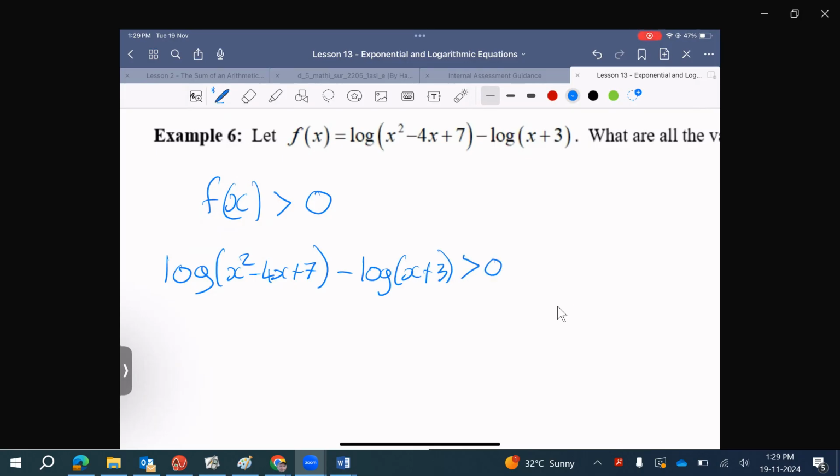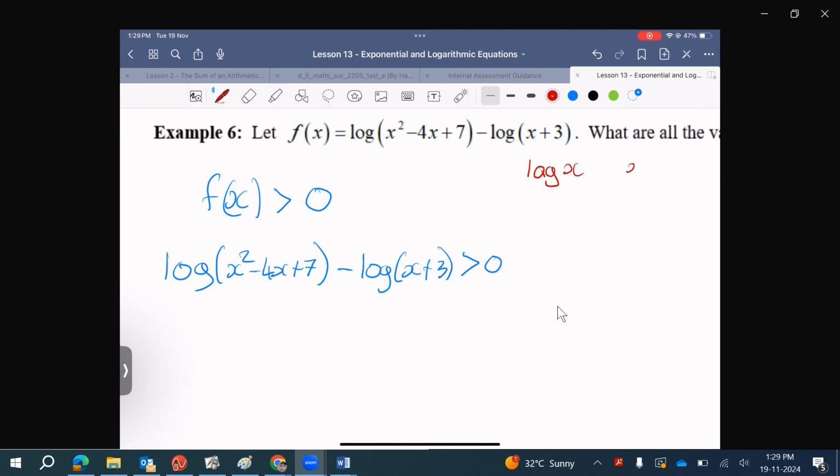Now, with inequalities and logarithms, take care, if you can, to avoid multiplying by expressions of the form logarithm of x. When you multiply both sides by this expression, you have to change the direction of the inequality, because this expression is positive for x greater than 0, and negative for x less than 0.